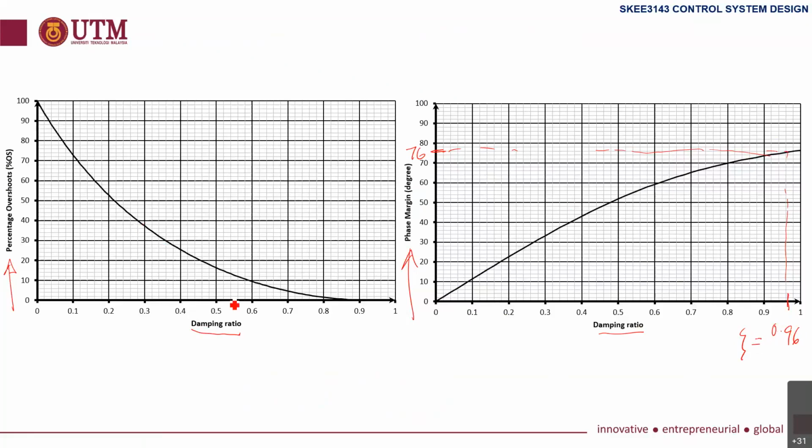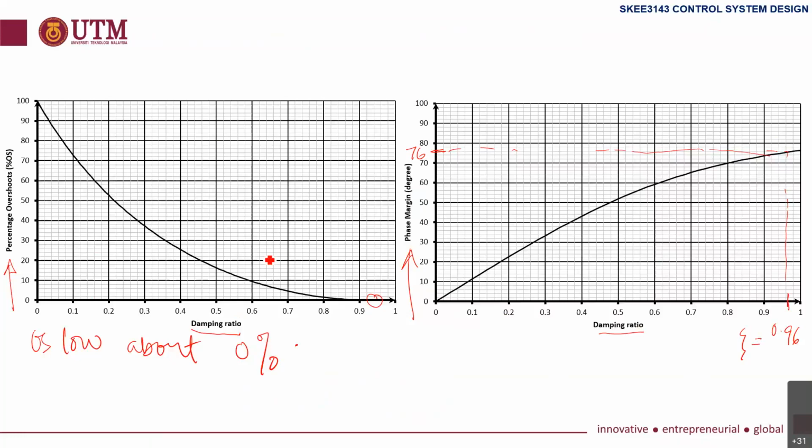You can see here zeta 0.96. The overshoot is almost 0% from the graph. So the initial one is already good, because phase margin is quite high, 76 degrees. Zeta 0.96 near to 1, overshoot almost 0. That is the original system.